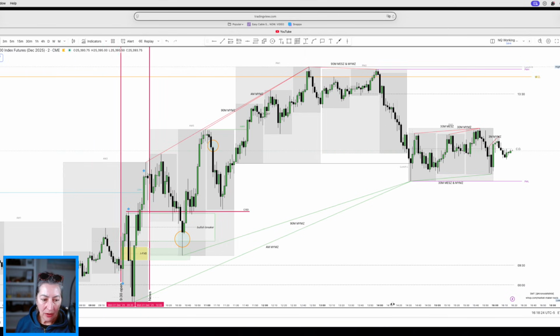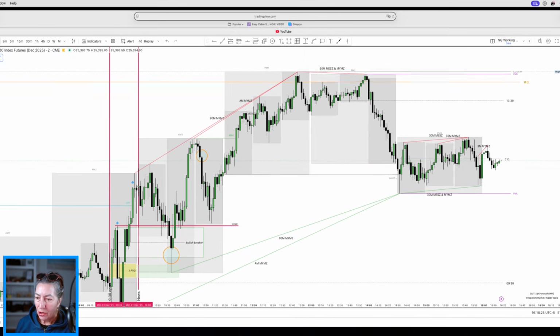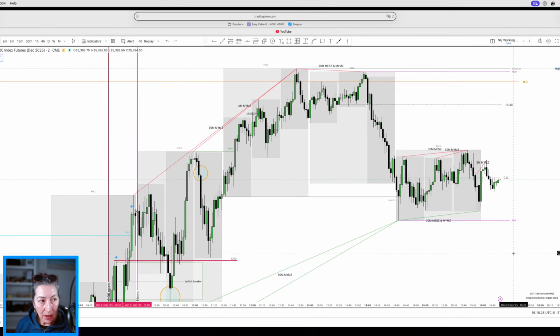Now, just before I let you guys go, I want to show you this afternoon what I was watching. So again, we're still here on the 2-minute, and I want to show you how this model just plays out numerous times a day. Like this for me is just the one and done model after studying many, many, many models over 3.5 years of trading.